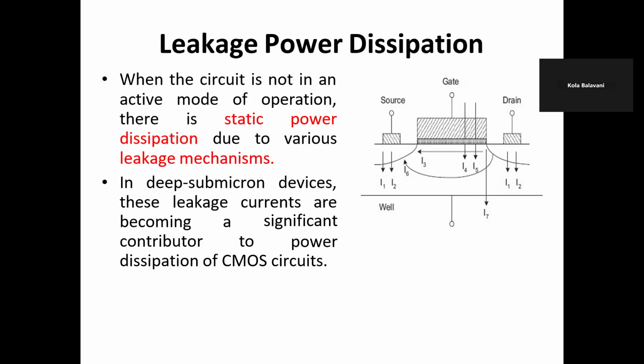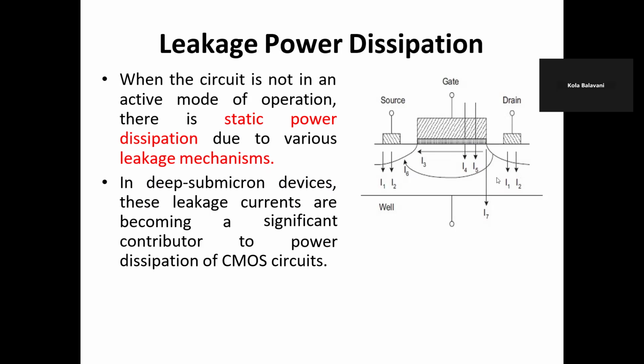So if you reduce the leakage power dissipation, you can reduce the overall power dissipation of the circuit. That's why we should focus on how leakage power occurs and what the different ways are to reduce it.